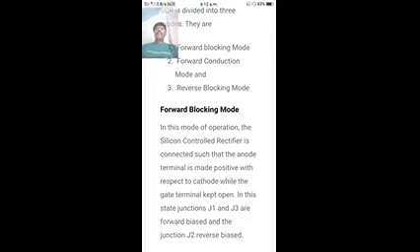In the forward blocking mode of operation, the anode terminal is made positive with respect to the cathode, while the gate terminal is kept open. So the anode is connected to the positive terminal, the cathode to the negative terminal of the supply, and the gate terminal is open.